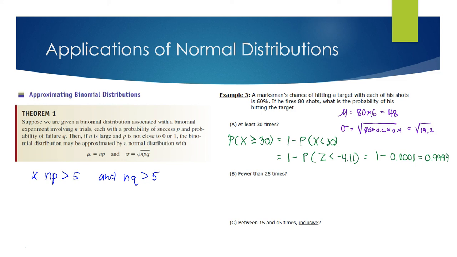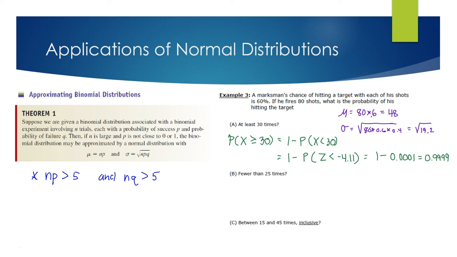It makes sense because I expect to hit it 48 times, so it's almost certain that I'm going to hit it at least 30. Of course, it'd be a rare occasion if it didn't. If you want to say it's approximately 1, that's also okay. Basically, it's almost certain that this marksman is going to hit it 30 times or more.